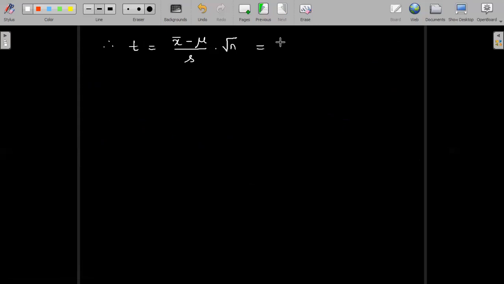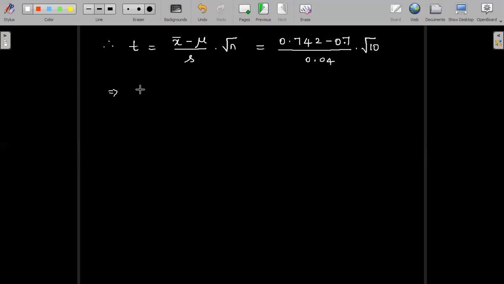X bar is 0.742 minus 0.7, the whole divided by S, which is 0.04 multiplied by root of 10.